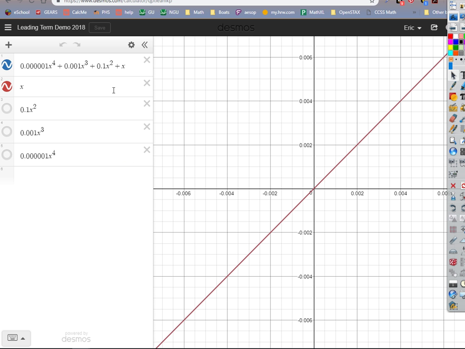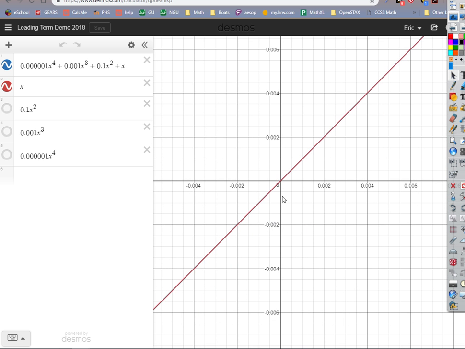So if I take this function, everybody with me? If I take this function, this polynomial, 0.00 blah blah blah 1 x to the 4th plus a slightly larger number times x cubed plus a slightly larger number times x squared, etc. The scale at which we're looking at this has a huge impact on what it looks like, right?